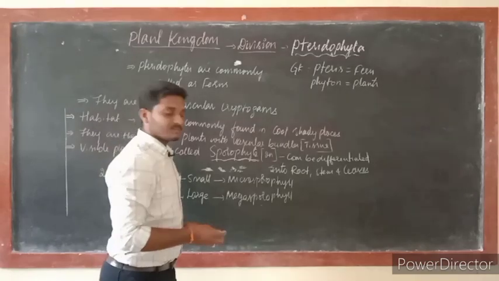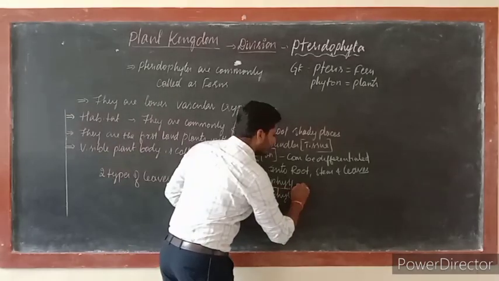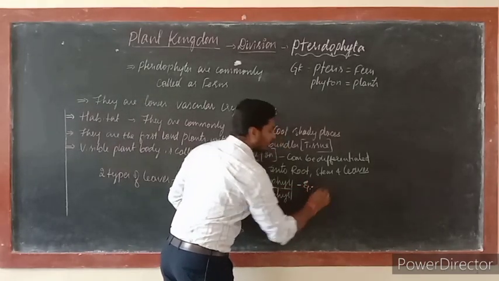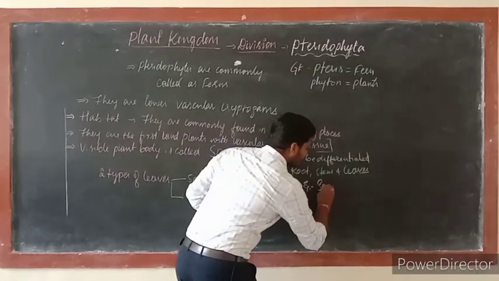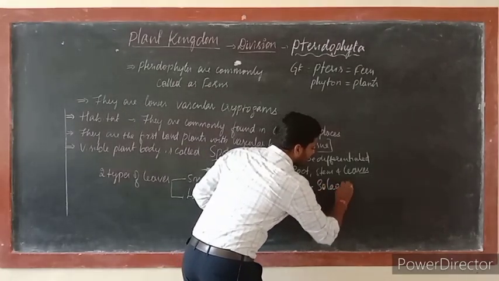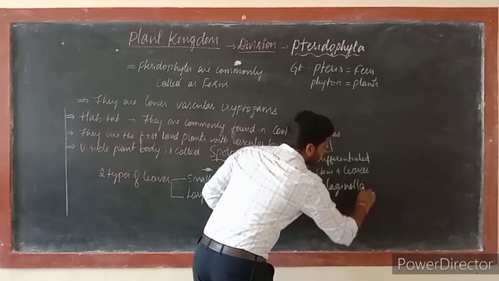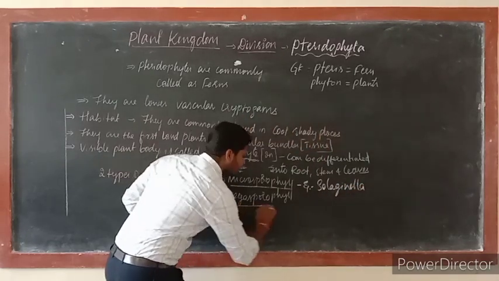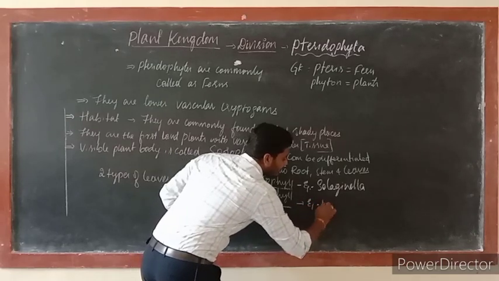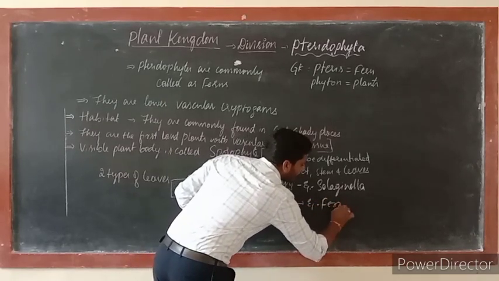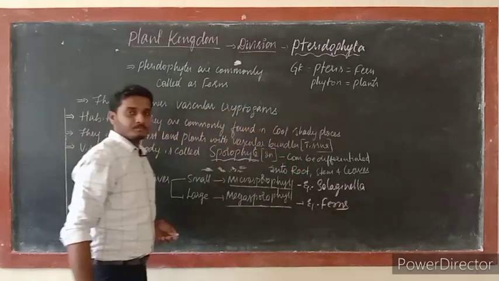Where can we find these? This microsporophyll can be seen in examples like Selaginella, and megasporophylls can be seen in ferns.